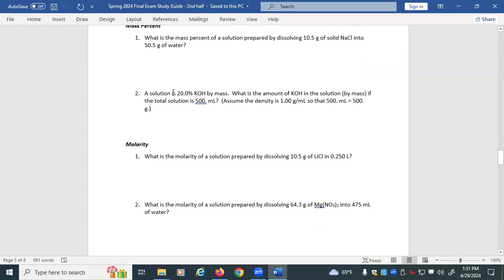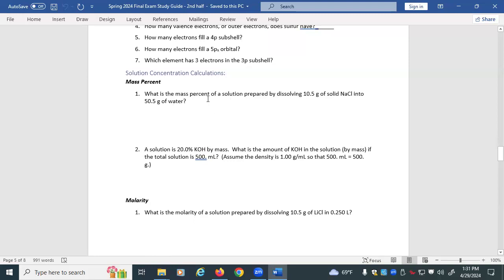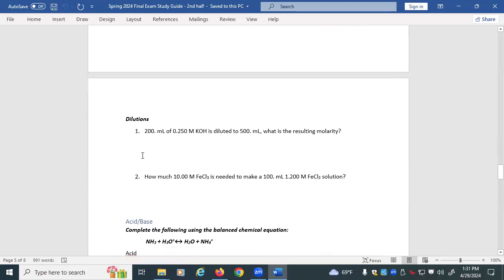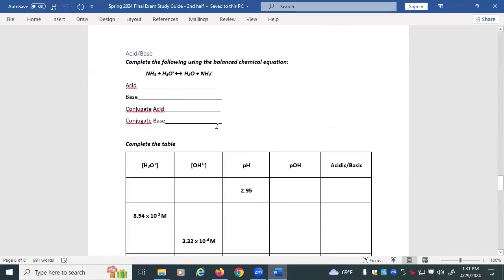And then getting into a lot of calculation stuff. Calculating by mass percent, calculating by molarity, calculating dilutions, identifying acids and bases based upon reactivity, which I will tell you, for exam 3, that was probably the thing I was the most pleased with, was just how many of you got that information and were able to do this kind of question and do it successfully.